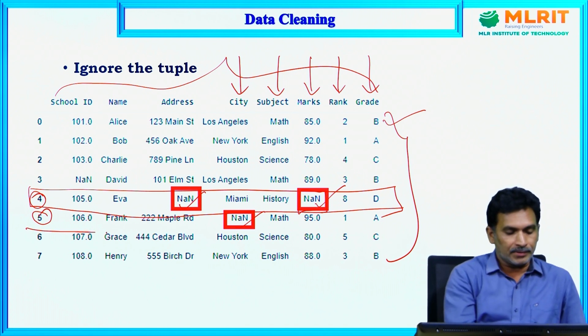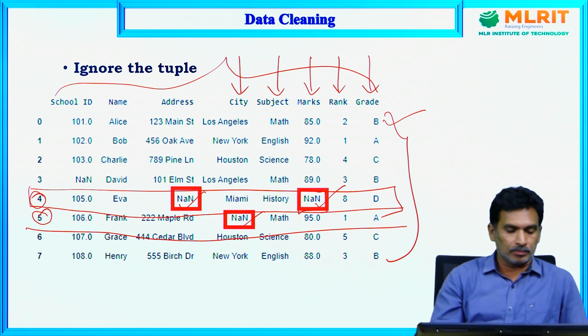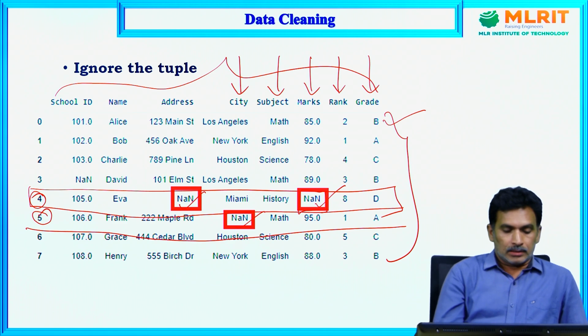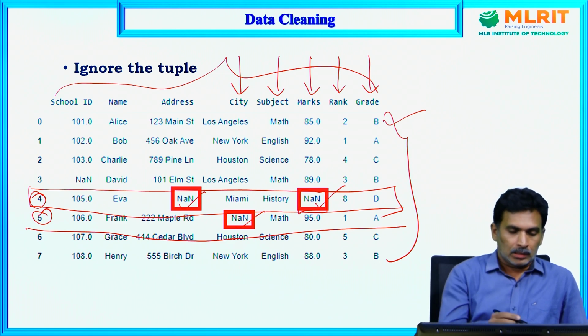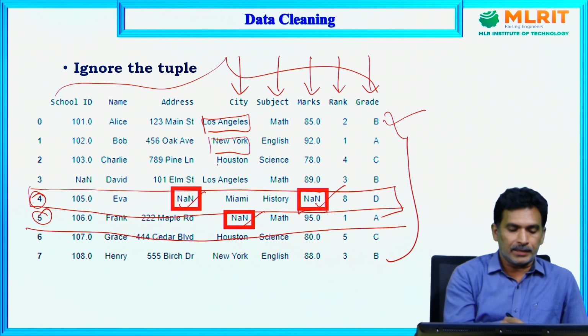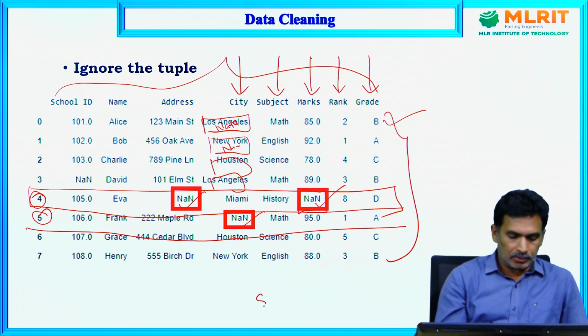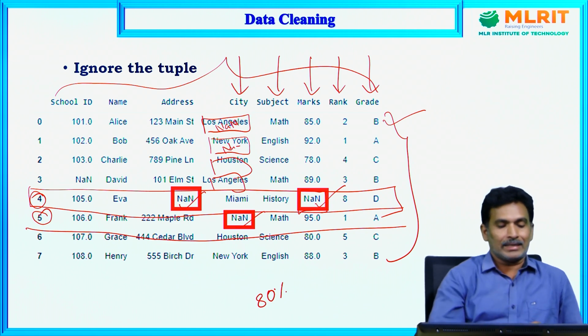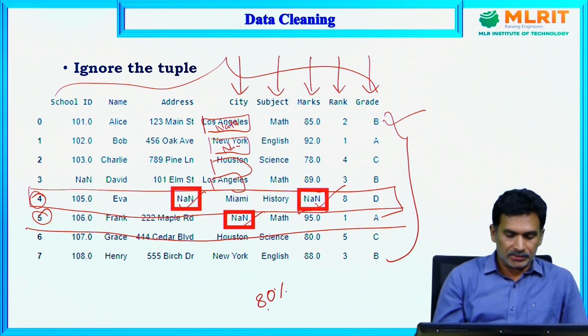Similarly, the fifth record also has a missing value, so we can remove this fifth record also. And suppose there are missing values under the column city, let us say 80% of the values under this column city are missing.